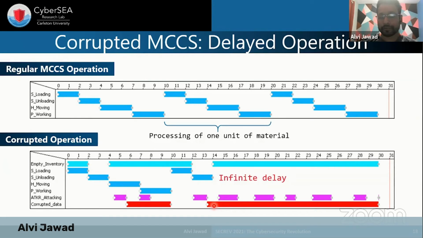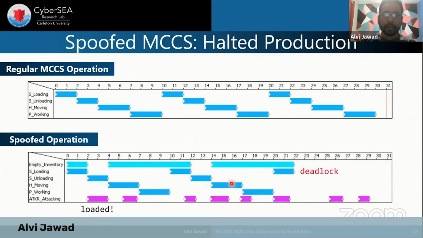It's waiting for the right value to appear, and because there's no recovery mechanism, since we're thinking about a defenseless system, it's going to be in this state forever, meaning that we now have an infinite delay on the system unless there's some sort of recovery operation going on.